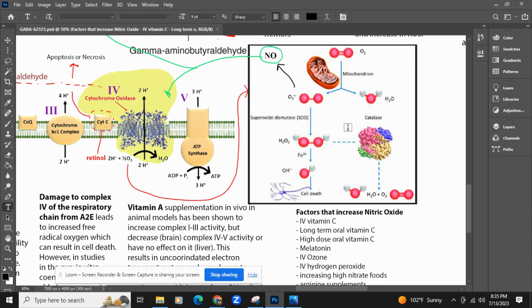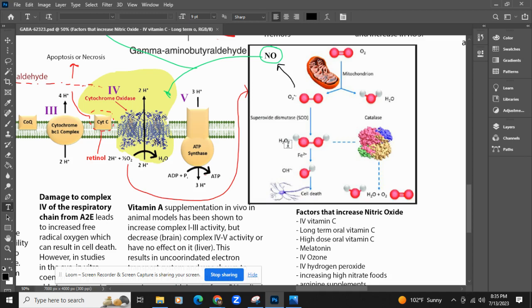So it's not shown in this picture. But instead, you're just having a buildup of these particular pro-oxidative chemicals, and that can lead to neuron death or cell death in general of any cell.